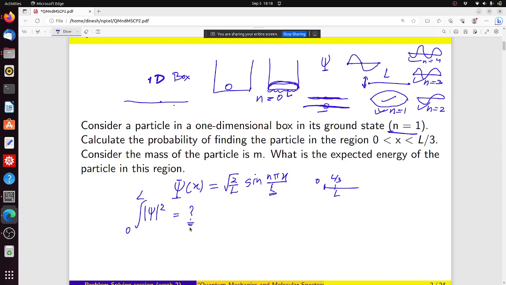Can anyone tell me? Any guess? L is the length of the box, let's say 0 to L, and I am squaring the wave function and integrating from 0 to L. What will be the value of this?